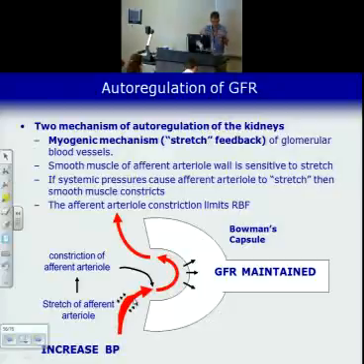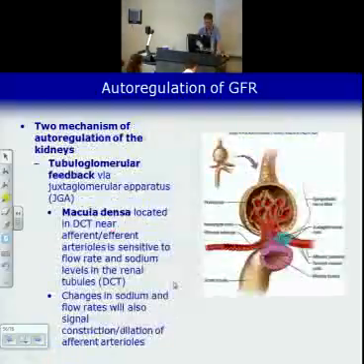If it just senses too much pressure, that smooth muscle is going to constrict down the arteriole and act as a brake, or a keep-it-out kind of mechanism, if you will. So that's very simplistic, but the stretch of the arteriole gives the feedback to constrict it, again maintaining a nice middle ground for GFR.